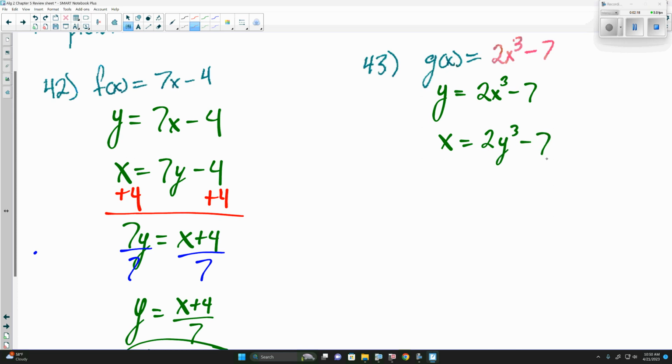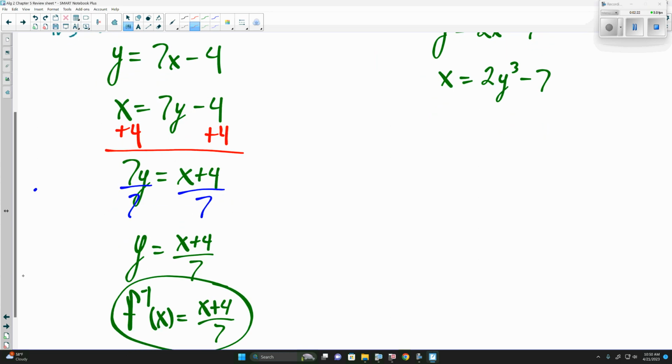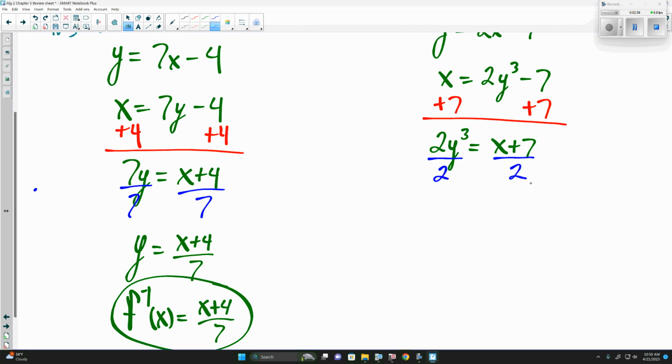Now we want to get y by itself. So the first thing we can do is add 7, telling us 2y cubed is equal to x plus 7. The next step is to divide both sides by 2, telling us y cubed is equal to x plus 7 over 2.